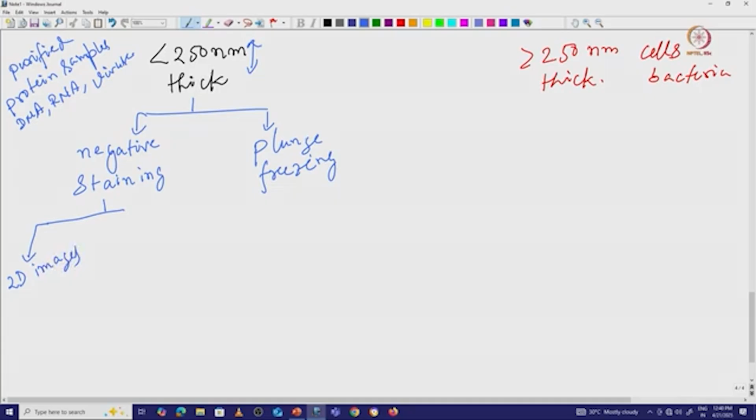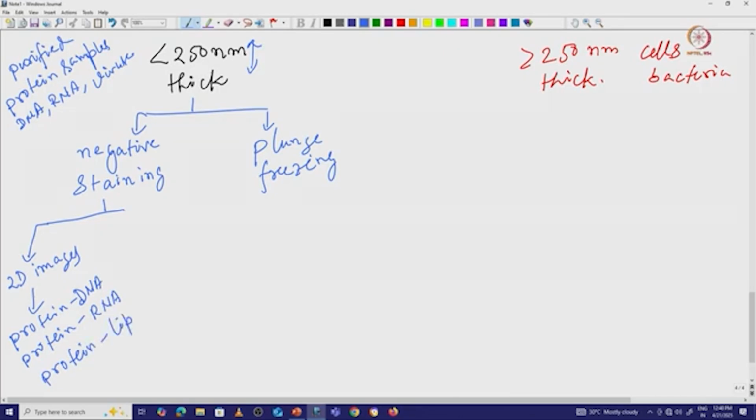Here structure is not involved, we are just taking 2D images, and it may be protein, or DNA with protein. If I want to see that a protein is binding to DNA, or to RNA, or interacting with lipid molecules, we can collect nice images of that.